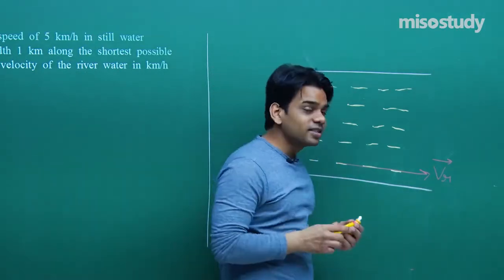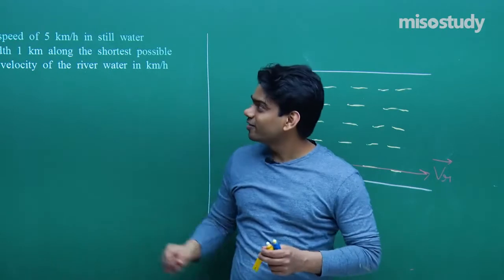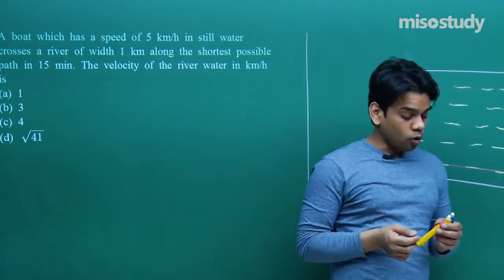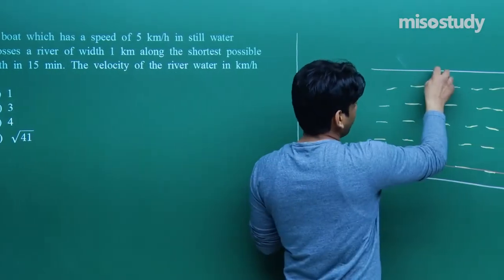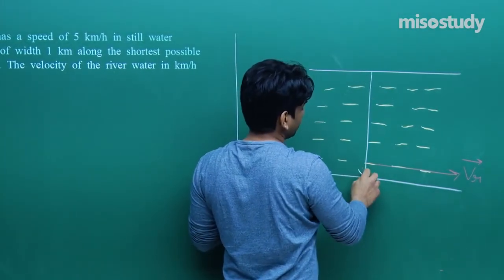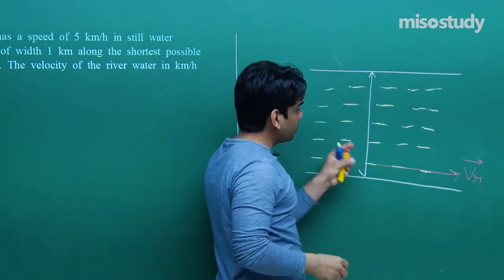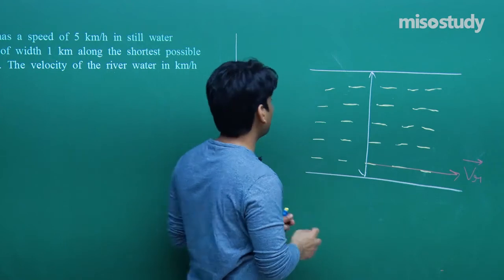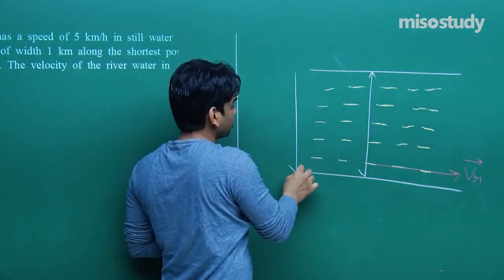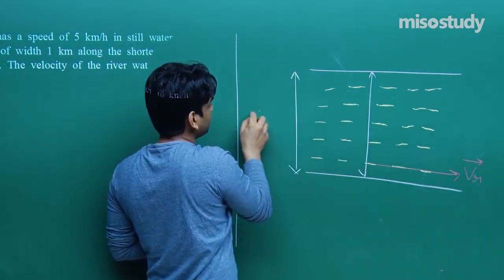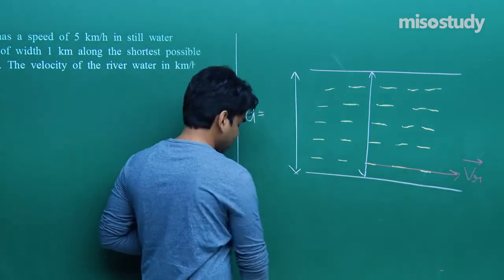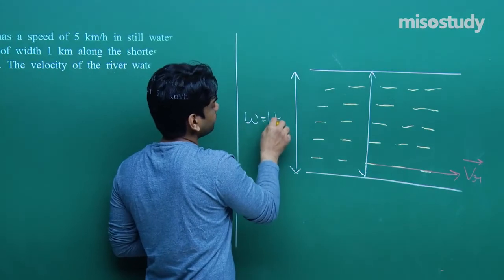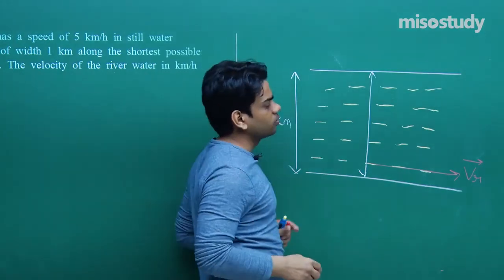Now, the boat crosses the river along the shortest possible path. The shortest possible path will be what? You see, this is the shortest possible path that I have made here. So the net velocity of the boat should be along this line, and this shortest possible path is given as the width. Let me mark this as W, that is the width, 1 km. This is the shortest possible path.